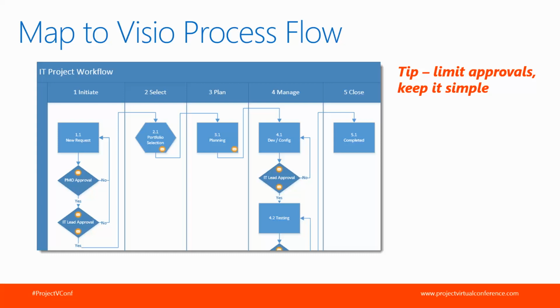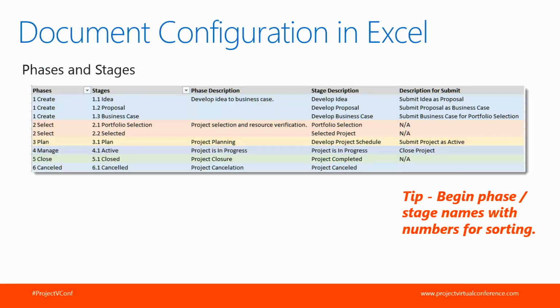So this is our high-level diagram we got from whiteboarding, and then we're going to use Excel and do some details behind this diagram. So we're going to, in Excel, document what are our phases and stages, and if you want to carry it forward, you can even provide a phase and stage description, and then something called description for submit.